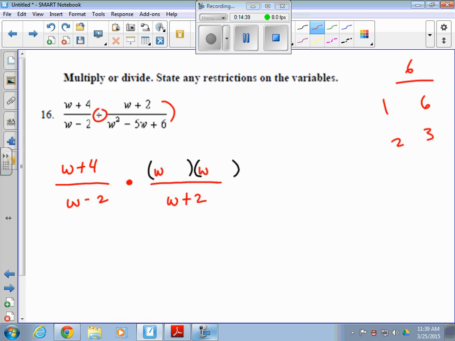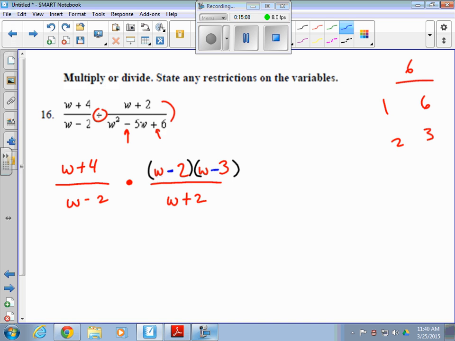Remember, the plus here tells you that the signs are going to have to be the same sign. Since they're the same sign, they both have to be minus. We have to use the numbers 2 and 3, and since it says minus, they both have to be -2 and -3.